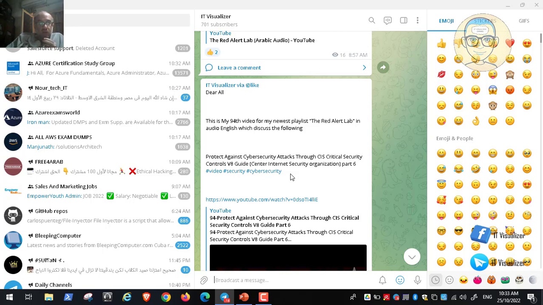This documentation provides a couple of steps so we can protect ourselves against cyber security attacks. We have discussed 3 of these steps.